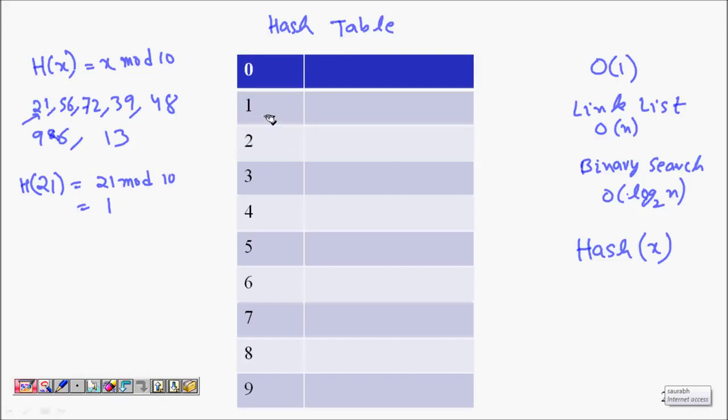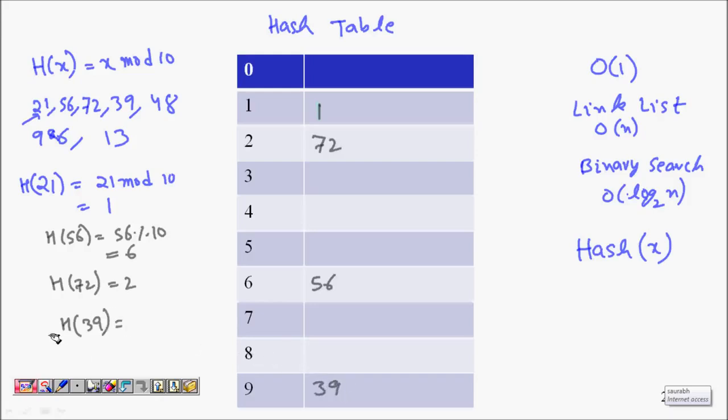Then h(56) is 56 mod 10, so it will be 6, and we have 56 here. h(72) will be 2, so it comes here. Then h(39) is 9, so it comes here, and h(48) is 48 mod 10, so it will be 8, and 48 comes here.